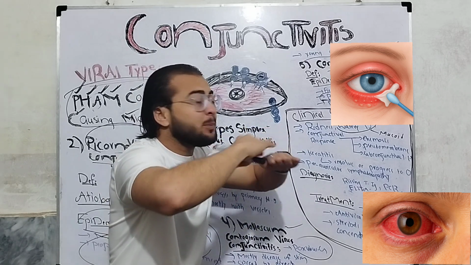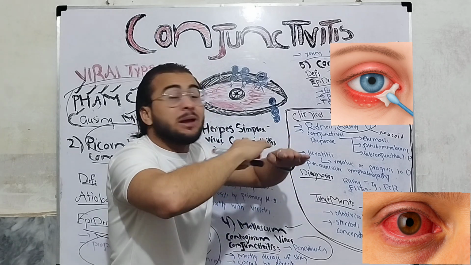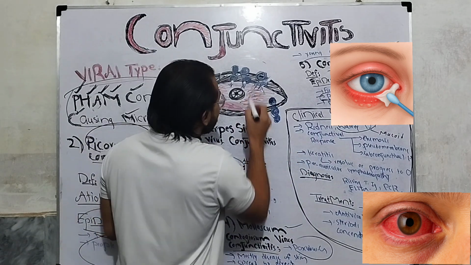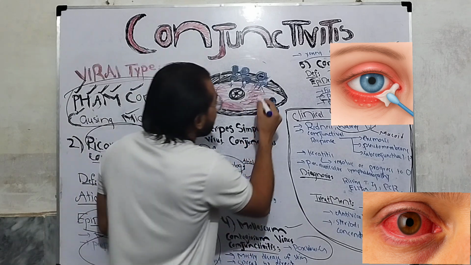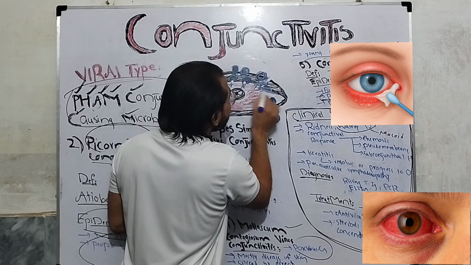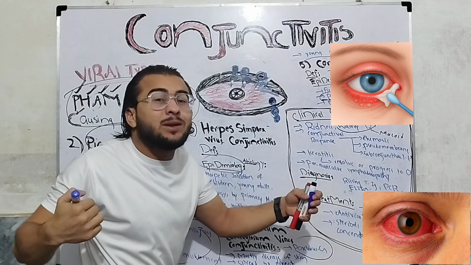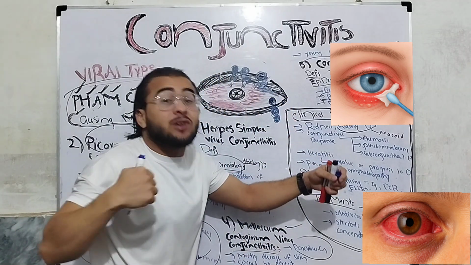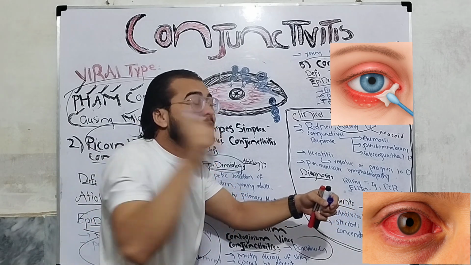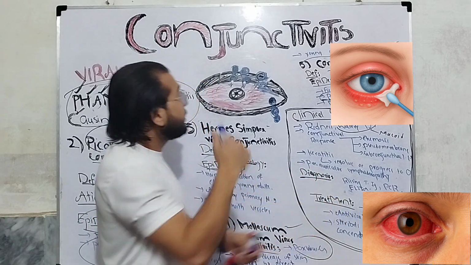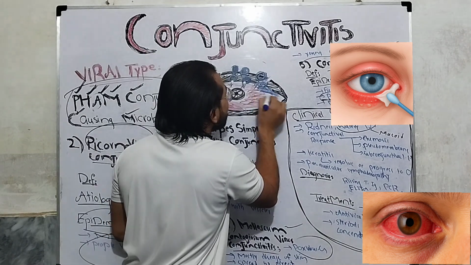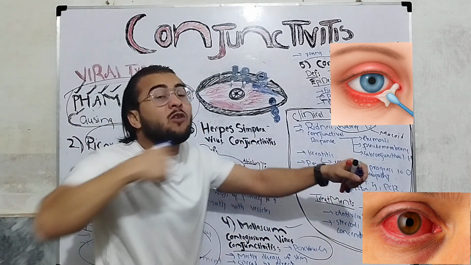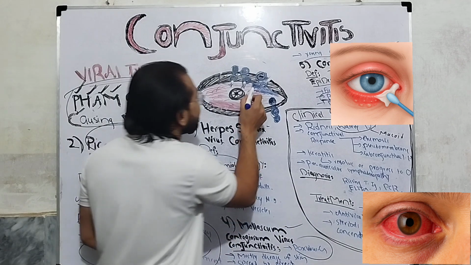It is called a pseudomembrane because it can be peeled off easily without any bleeding. If peeling off the membrane causes bleeding, it is called a true membrane, which is caused by fibrinous exudate. In viral conjunctivitis we have the pseudomembrane, and peeling it off will not cause any bleeding.